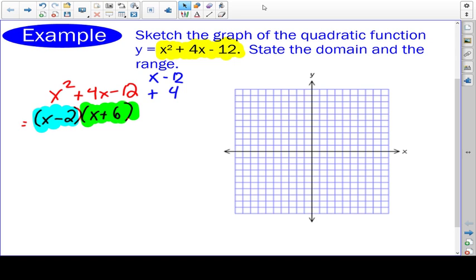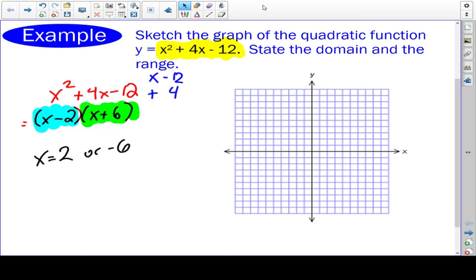If I take a look at the first one, what value of x makes that equal to 0? 2. So x equals 2 from the first one. And what value of x makes the other one equal to 0? Negative 6. So x equals 2 or negative 6.